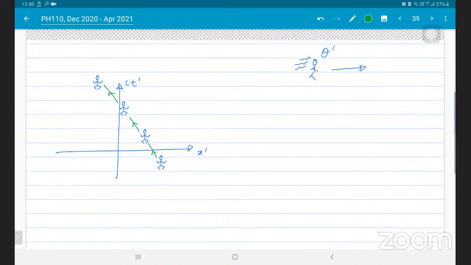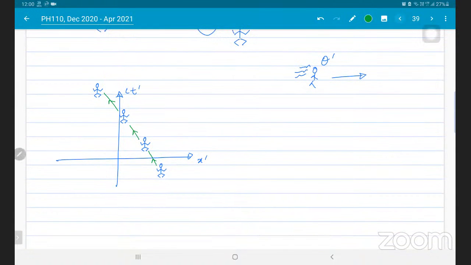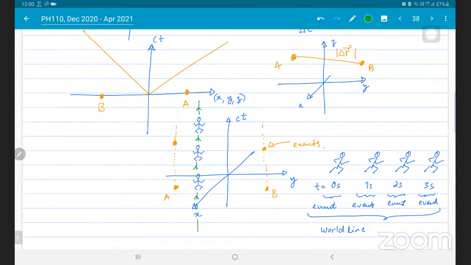That's the point, right? How do you get the line equation?